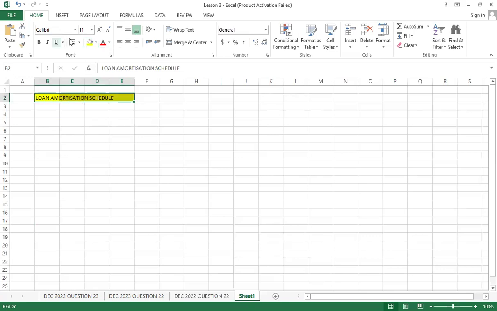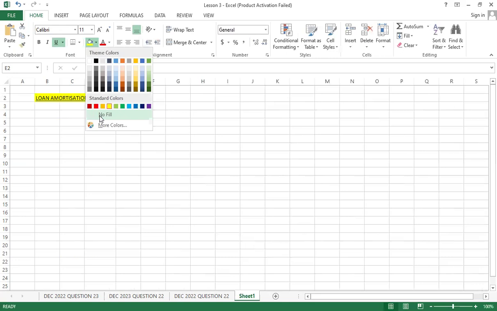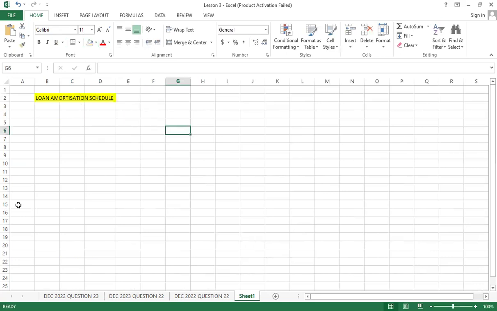And who remembers this? When we talk of a loan amortization schedule, what are we referring to? This also you have done in your financial management.